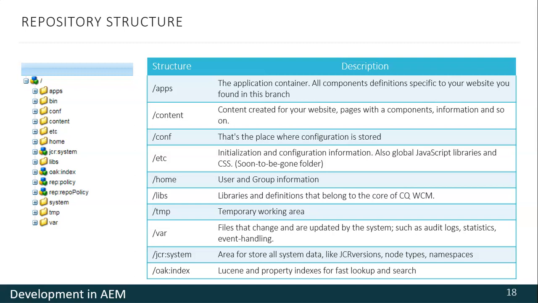It usually stores global JS libraries and CSS or LESS files. Libs is a folder where you can find the standard components and the libraries for dialogs. You should not change anything in the libs path. Oak index is a structure for definitions of Lucene and property indexes for fast lookup and search by your repository.